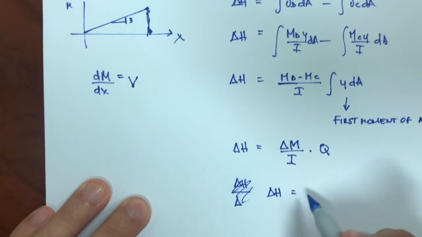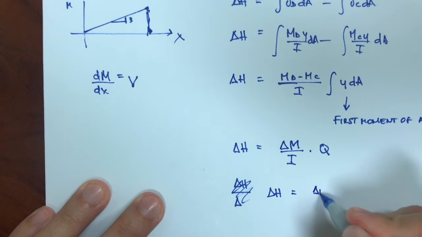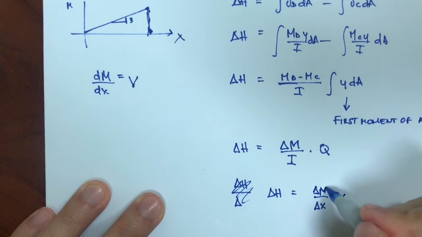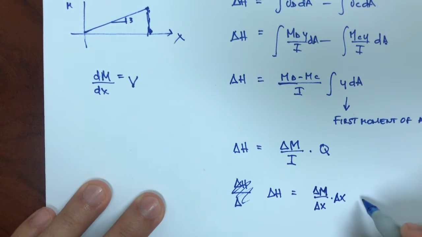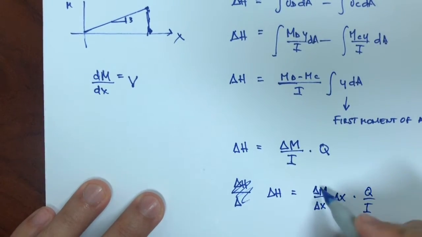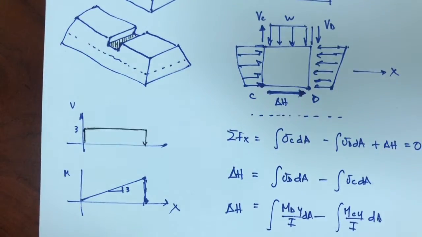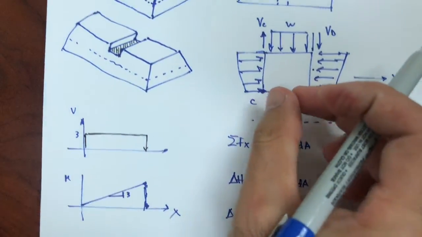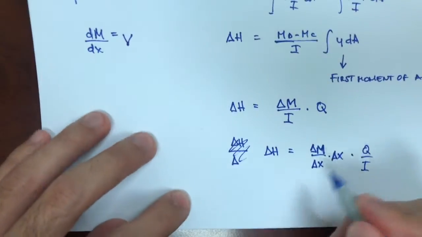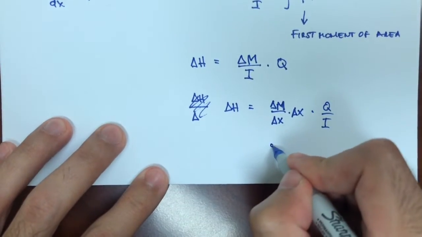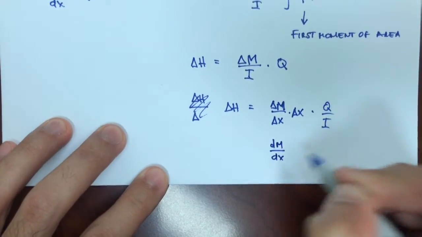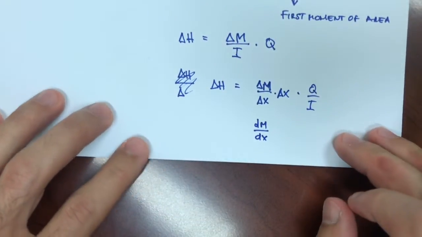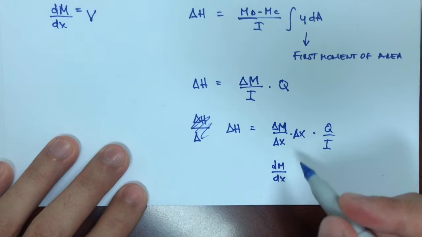My delta H is delta M over delta X times delta X. So I'm not doing anything, I'm just dividing and multiplying by delta X over I. And if this is small enough, this is not just a delta M between C and D, but it's super small, this would just be dM dx, which I just said is V, the shearing force, the shearing load at that point.